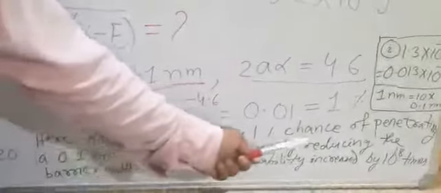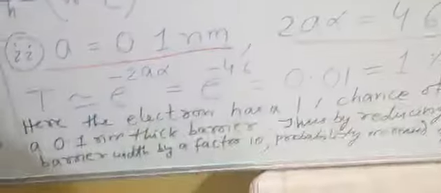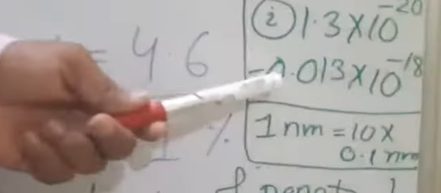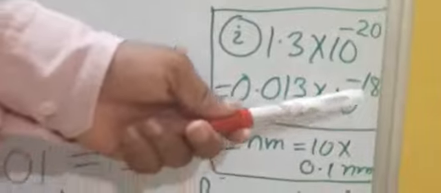If you compare both, the second case is 0.01, and the first case is 1.3 times 10 to the minus 20, that means 0.013 times 10 to the minus 18.